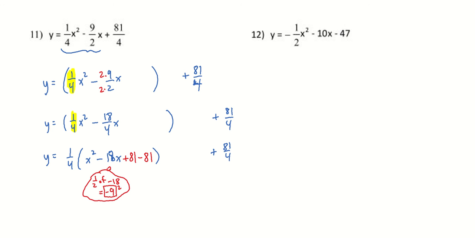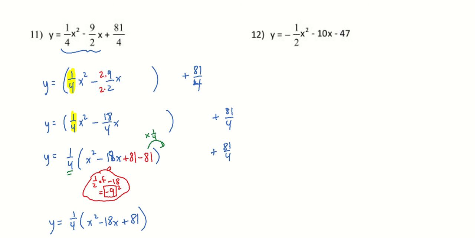In the next step, that negative 81 at the end is going to be multiplied by the quarter at the front of the bracket on its way out. So y is equal to 1/4 times x squared minus 18x plus 81.